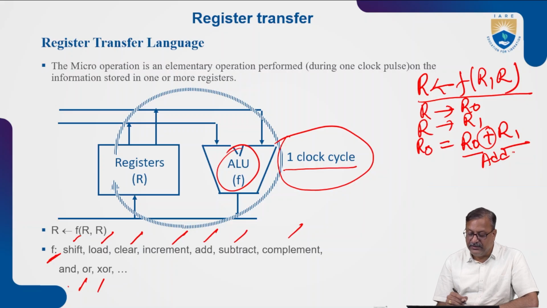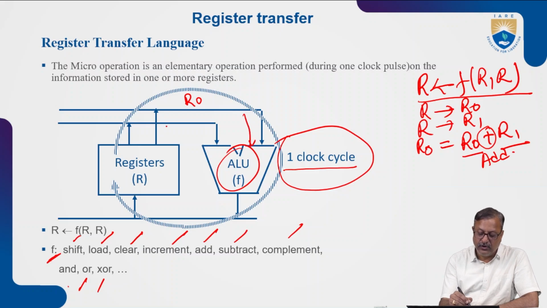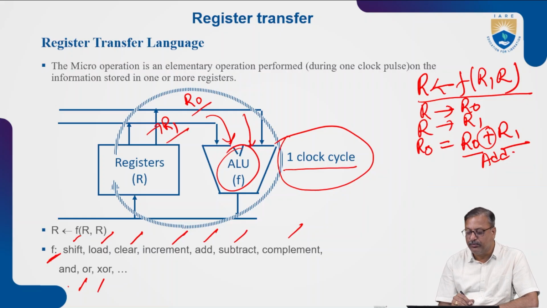Now in 1 clock cycle, first the ALU has to take the data of R0, and parallelly, next, it has to take the R1 value. That also goes into the ALU. Now these two data values, taken from R0 and R1, are operated on in the arithmetic logic unit. What operation? We defined an addition operator.